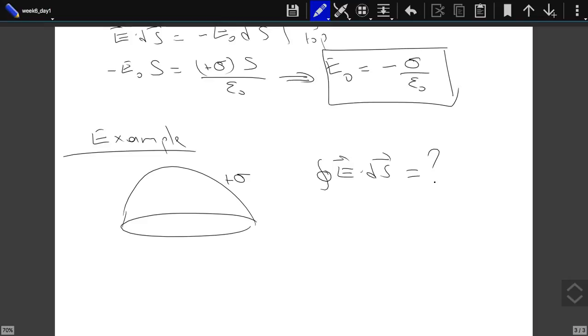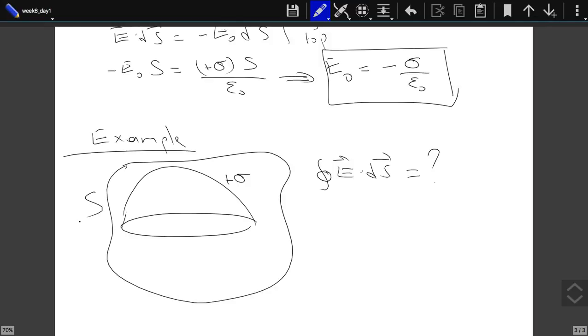I mean, for this problem, Gauss law is valid. Gauss law will still hold if you imagine such a surface. The integral of E dot dS will always be equal to the enclosed charge over epsilon 0, whatever charge you put on that shell.